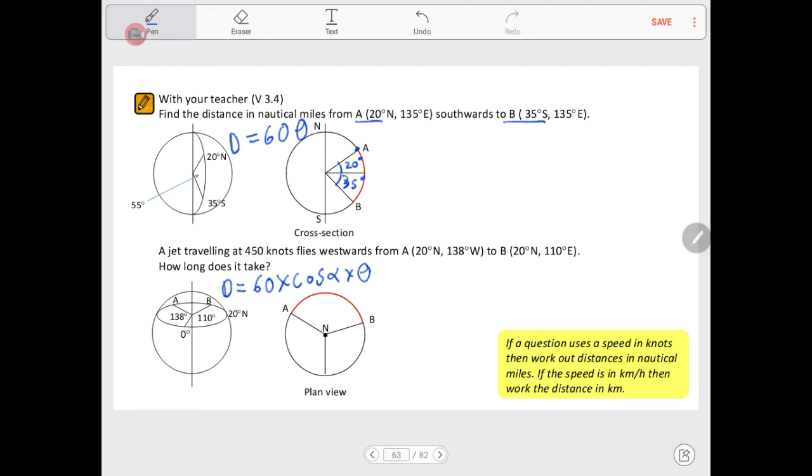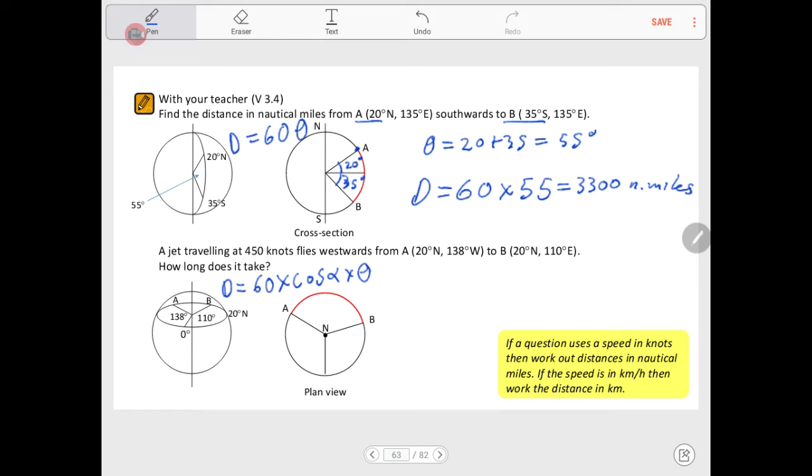Of course one's north, one's south, so to get theta we'll add those angles. So an angular separation of 55 degrees, so the distance is 60 by 55, which is 3,300 nautical miles. So just n. miles will do for the unit there.